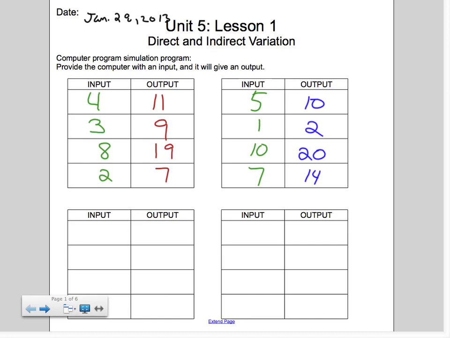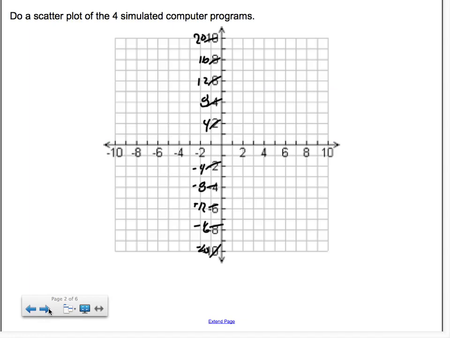So I'm going to do this really quick on this other one. So 4, 11.